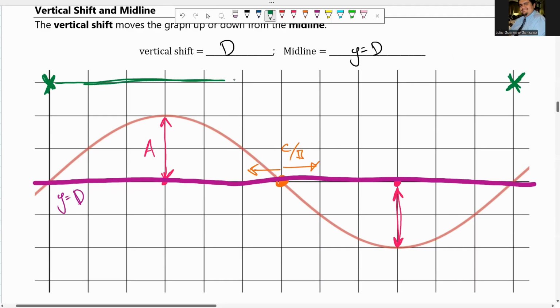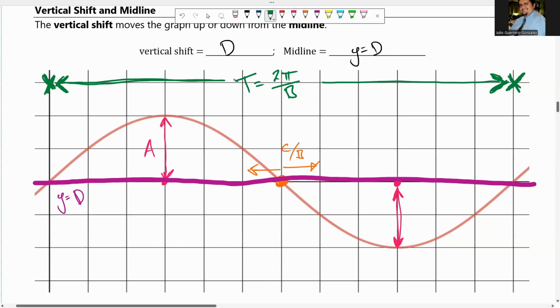That is one period from there all the way out to right there. That is one squiggle of sine. That is determined by the T value, which is 2 pi divided by my b value, whatever shows up in that function.